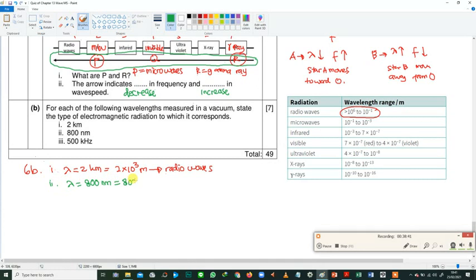So 800 nanometer, with nano being 10 to the power of minus 9, is 8 times 10 to the power of minus 7 meter. Now you can see, everyone, it's around infrared and visible. But visible, the maximum one is 7, not 8. So it's going to be this one. The wavelength is longer than the visible, so it is infrared.